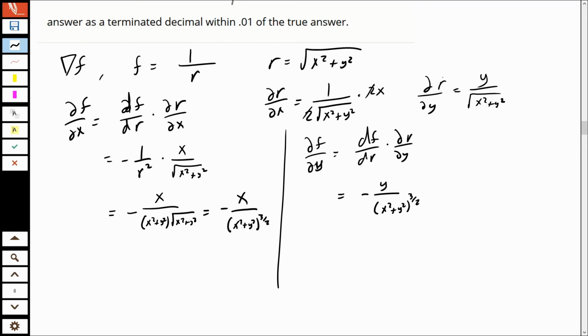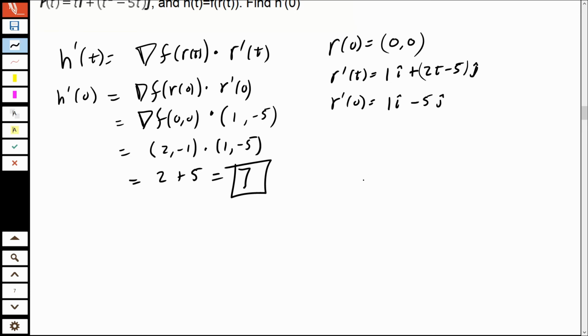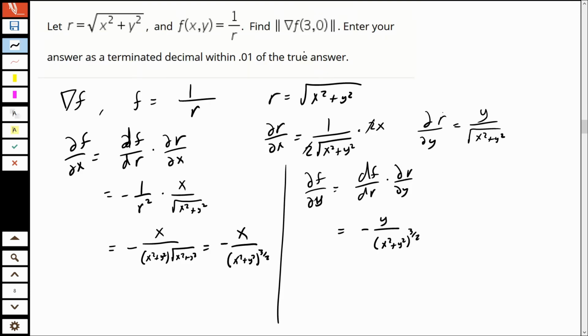Okay, so what is the question asking? The gradient at (3, 0). So I need each of these evaluated at the point (3, 0).